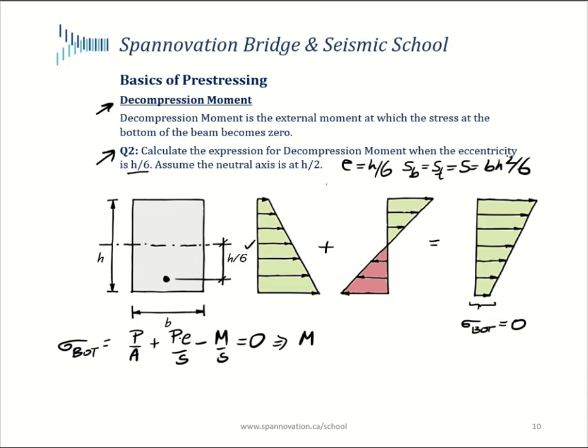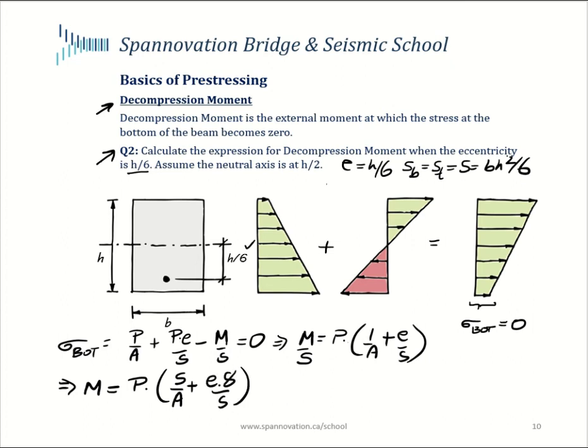Solving for M and rearranging things a little bit, let's say M/S, taking P out common from the expression, 1/A plus e/S. Next step, I'm going to multiply both sides by S, so I'm left with M alone on the left-hand side. And on the other side, I've got PS/A plus e times S divided by S, which is great, cancels out.